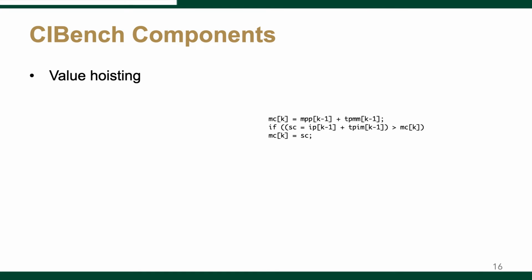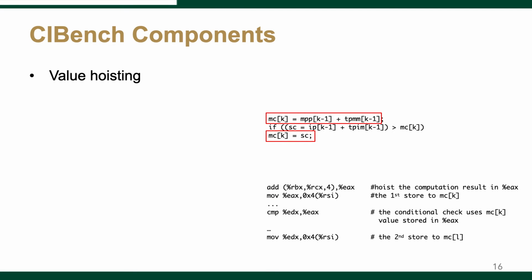Here is a problematic code, and this code is inside a 2-level nested loop. We can see that in the original code, the store to MCK in line 2 and line 3 does not form a dead store because MCK is used in line 2. But in the optimized code, after the first store, the value of MCK is hoisted into the register EAX.